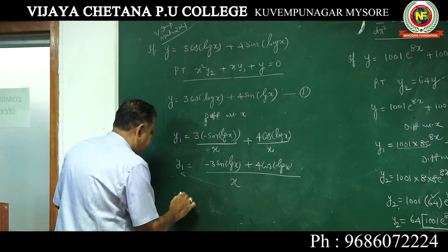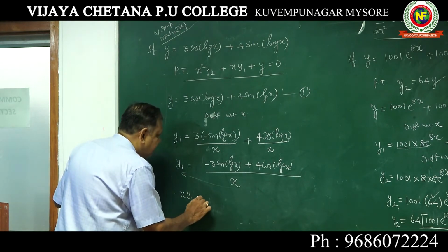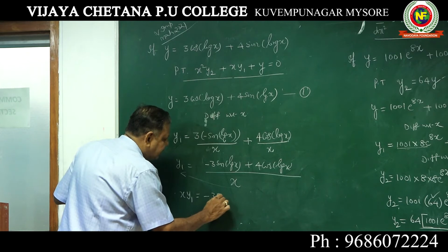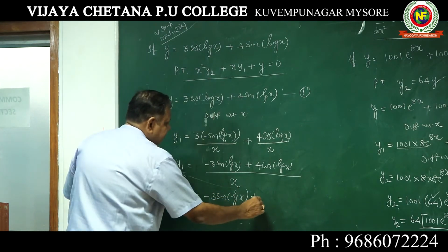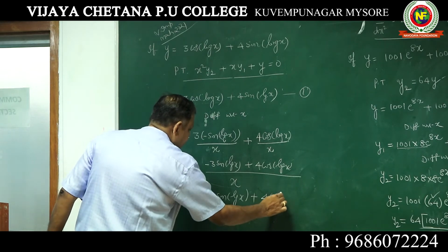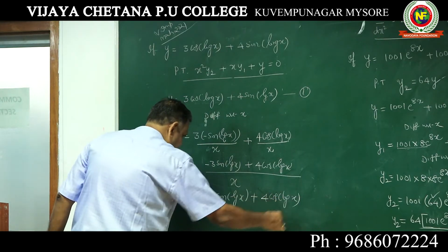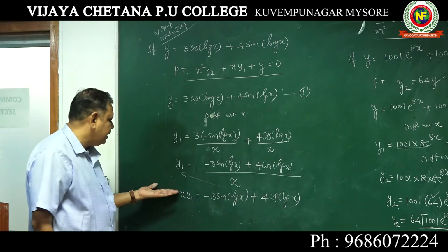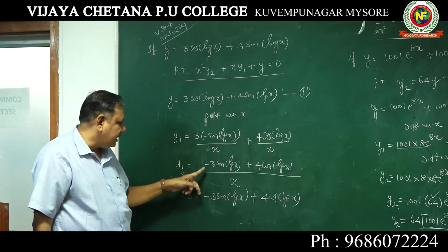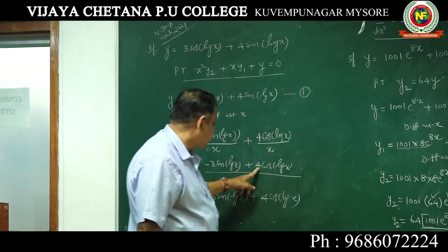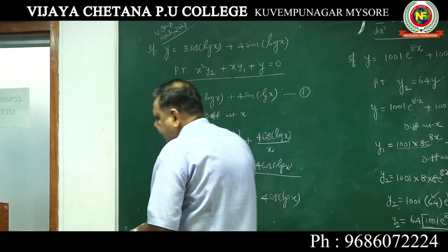Cross multiply, xy1 is equal to minus 3 sin log x plus 4 cos log x.